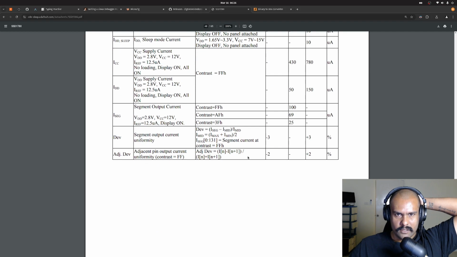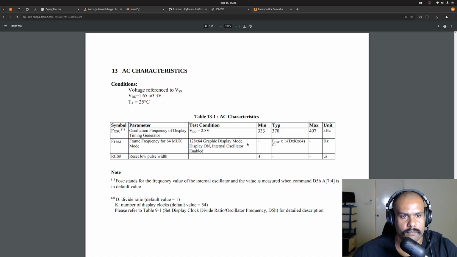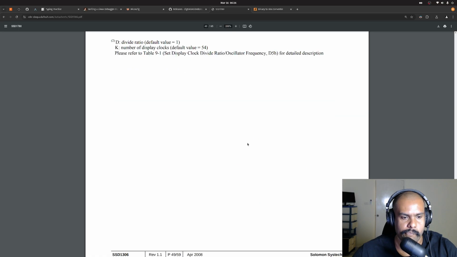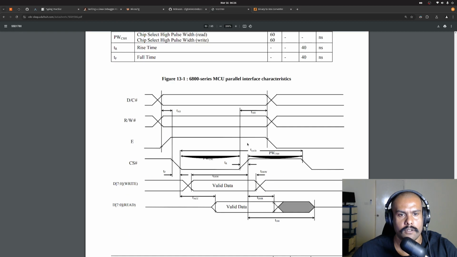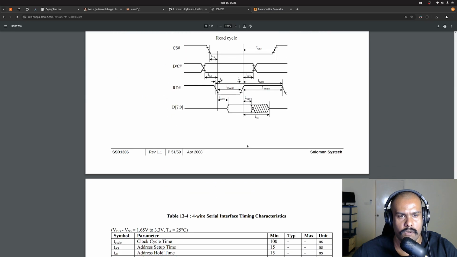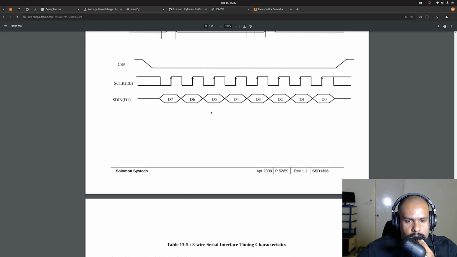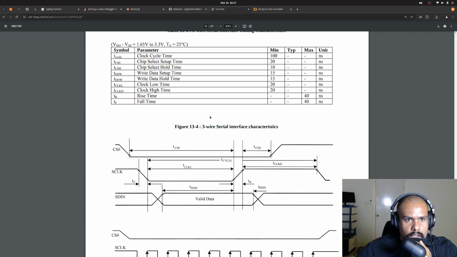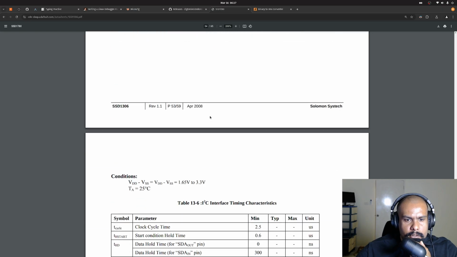Nah, I think not relevant at the moment. No. 8080, no. For serial interface timing characteristics, I don't think it's relevant. No.